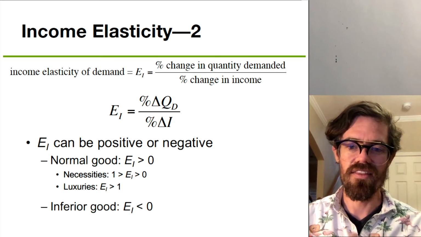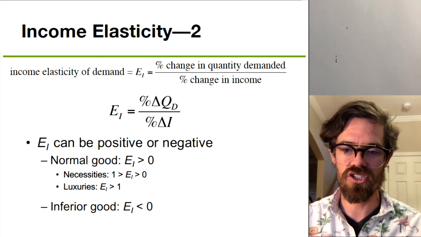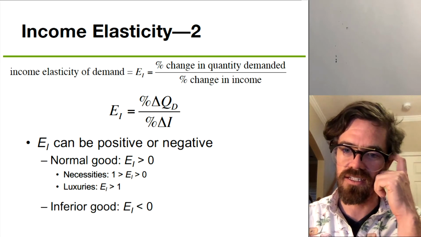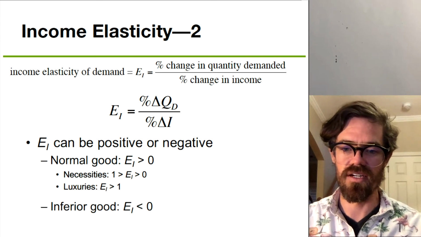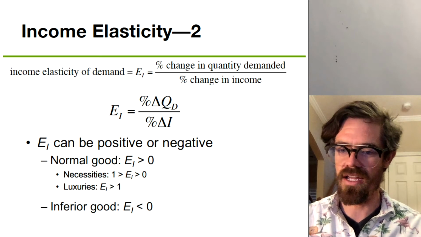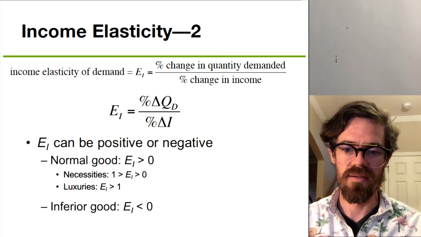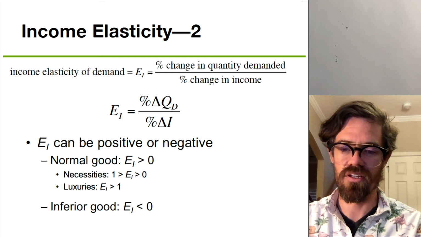Things that are necessities are inelastic, especially with regard to income. Whereas luxuries are more responsive to income changes. So the elastic things are going to be luxuries, anytime this number is greater than 1. So our range is still the same in terms of elastic versus inelastic, and we can relate that to whether it's a necessity or a luxury.